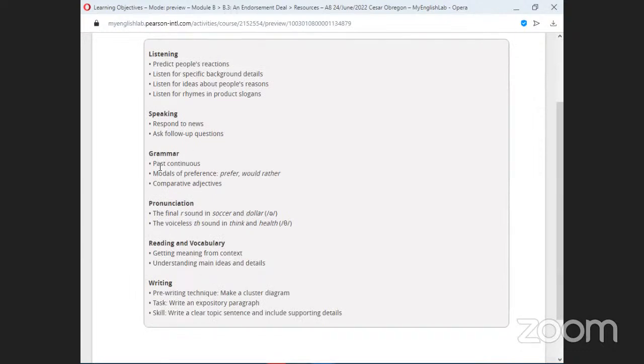So today we're going to discuss the past continuous and modals of preference, prefer, would rather, compare, adjectives, pronunciations, the final R sound in soccer and dollar, the voiceless TH sound in think and health. Okay?